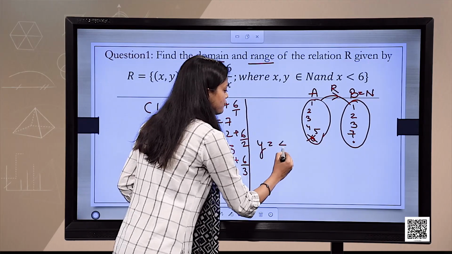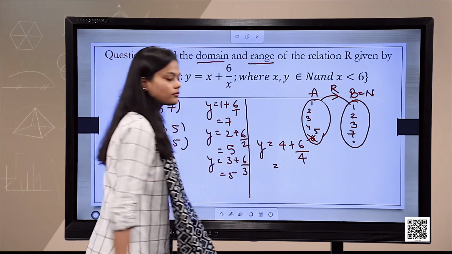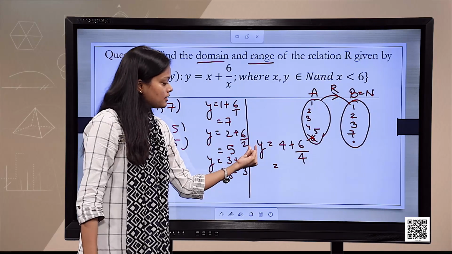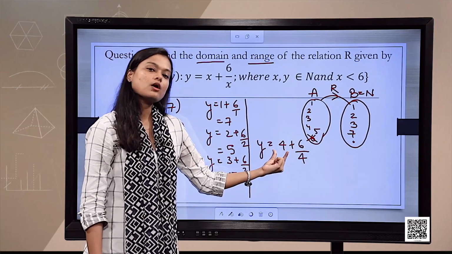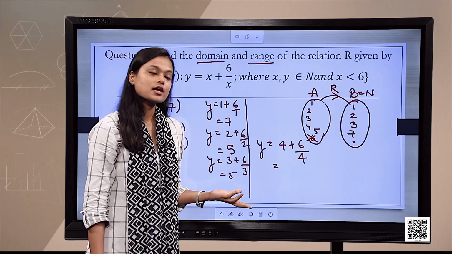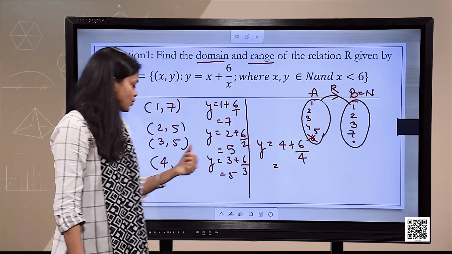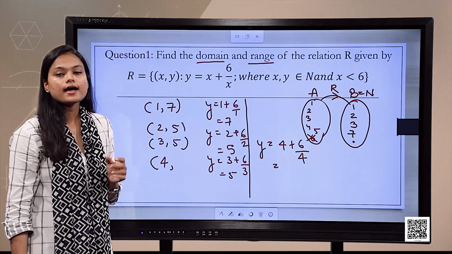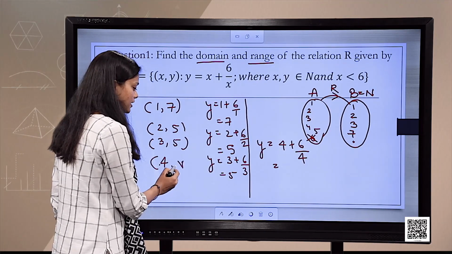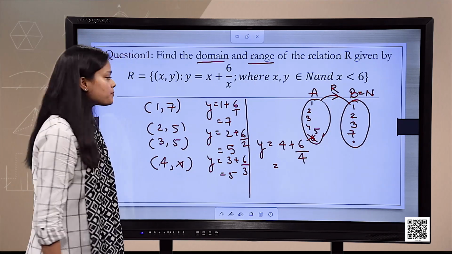Y is equal to 4 plus 6 by 4. You can see that y is not coming out to be a natural number, it is coming in fractions, and we know y is always a natural number. So, 4 will not have an image. So, 4 is not related to any of the elements.